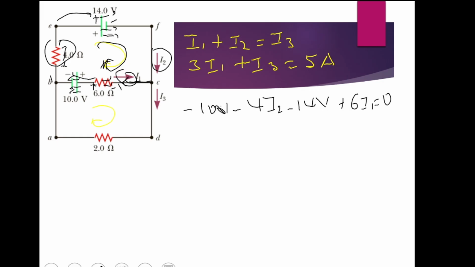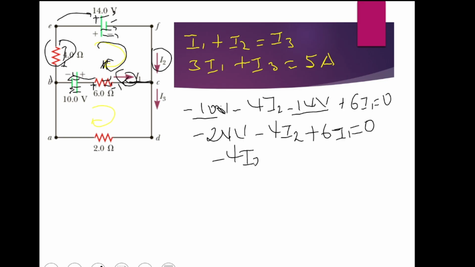So let's add similar ones: minus 10 volts, minus 14 volts, which is going to be minus 24 volts, minus 4I2, plus 6I1 is equal to 0. So let's simplify by 2, minus 24 divided by minus 2, minus 4I2 first.